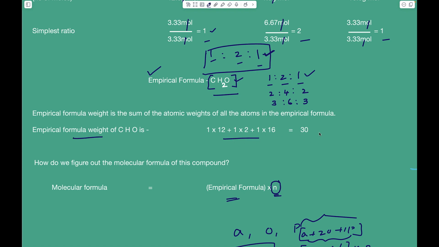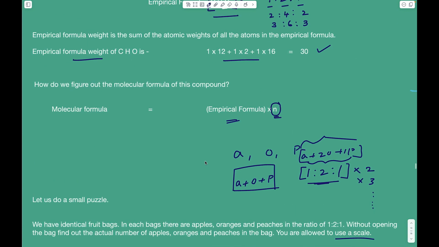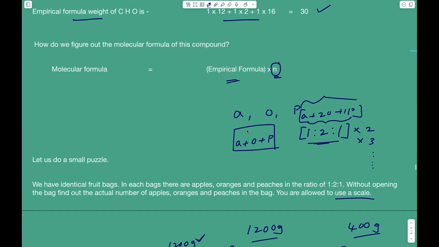So in this case, it is 30. Then to know the value of this integer, you must also know the weight of the molecule, the weight of the bag in this case, right? So that means you have to go back to the laboratory again to find out the molecular weight of the compound.